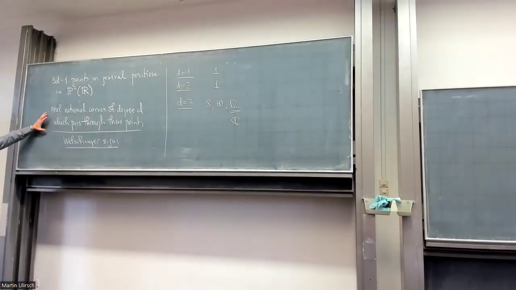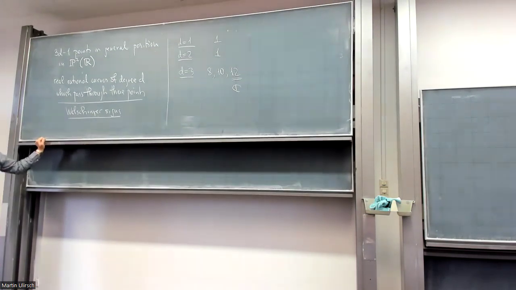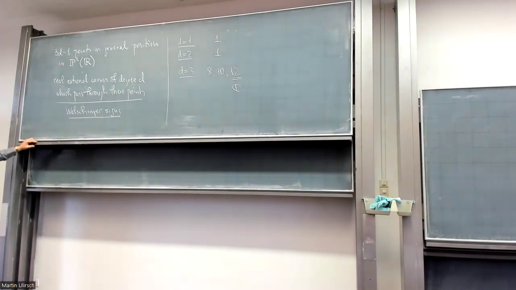This is, if you prefer, the complex statement. It's true, of course, not just for real rational curves, but for all complex solutions to our real enumerative problem. So we have a nodal curve.